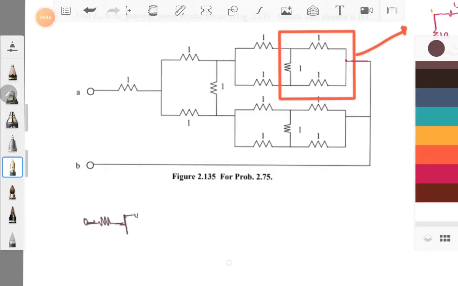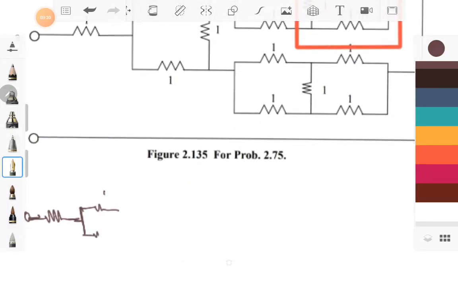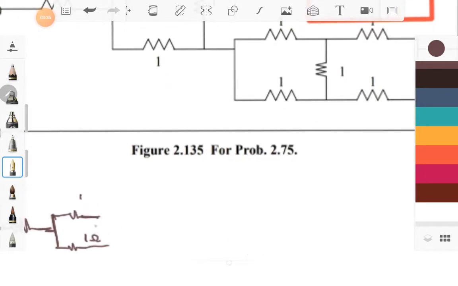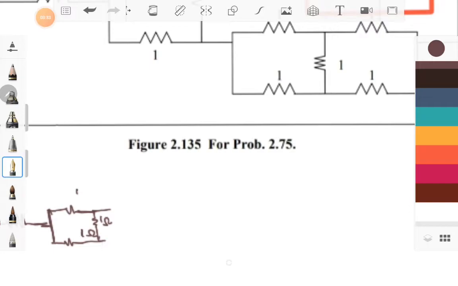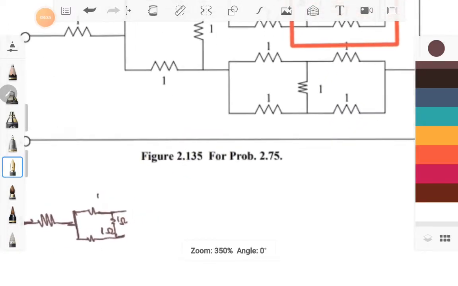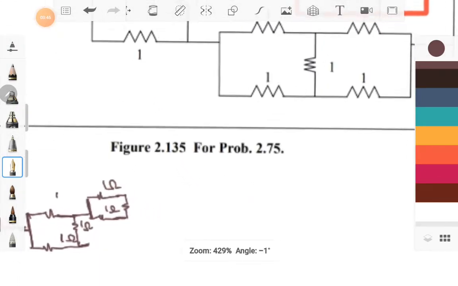Okay, 1 ohm, and then this can be redrawn into another 1 ohm, right?